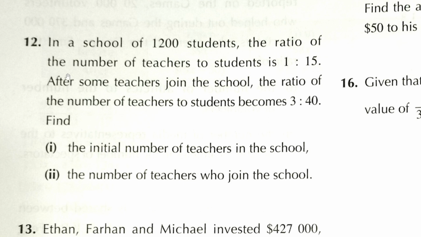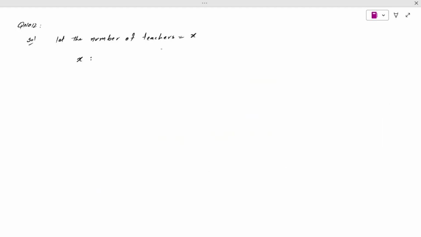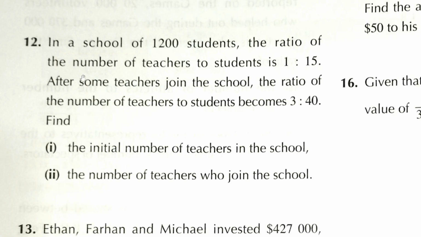Let the number of teachers equal x. Then x ratio 1200, as the total number of students is 1200, is equal to the teacher-student ratio given, which is 1 ratio 15.